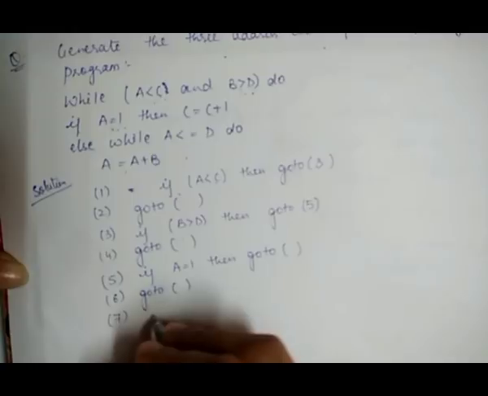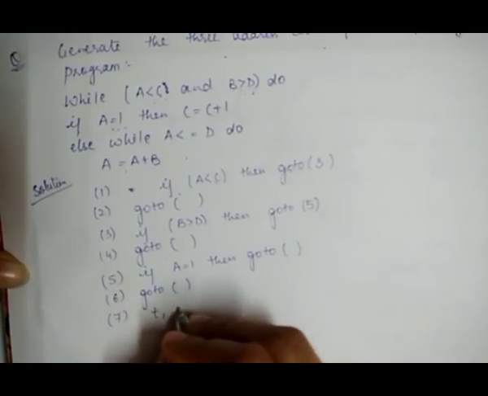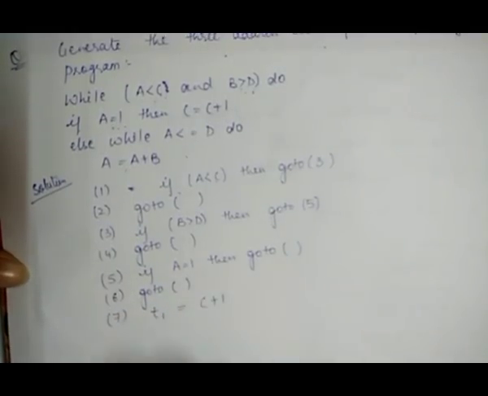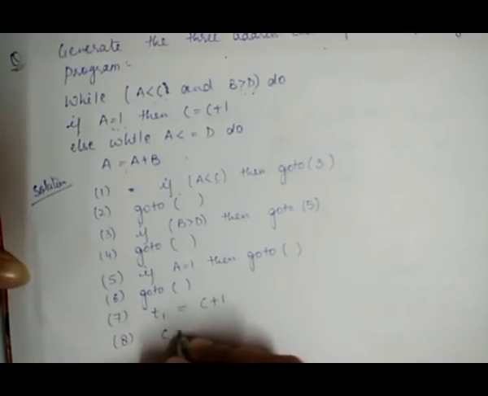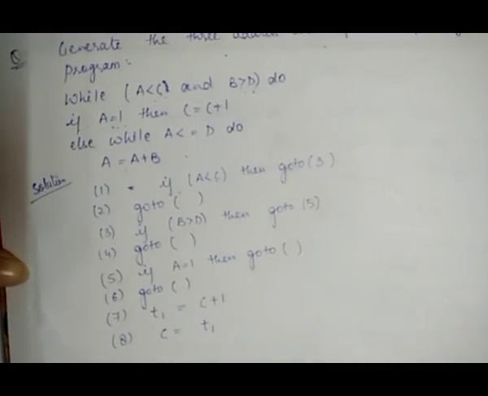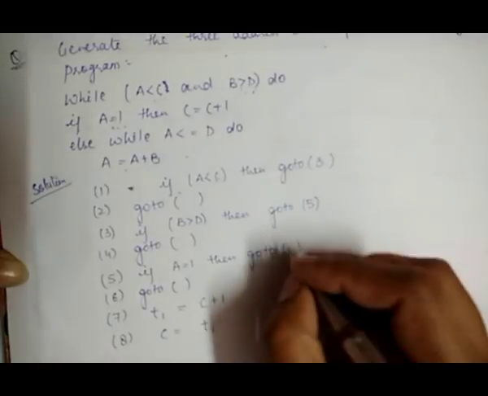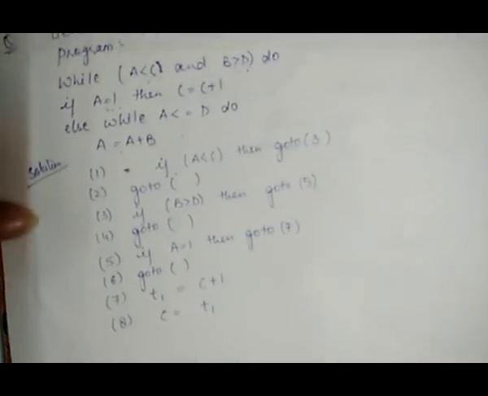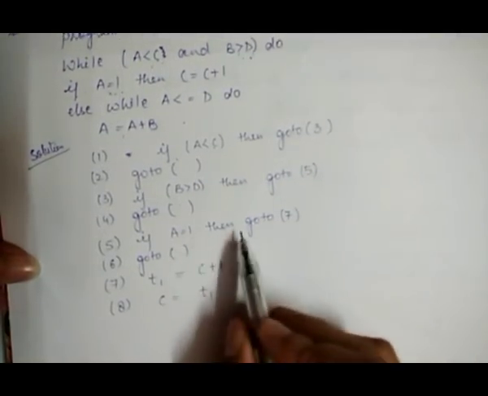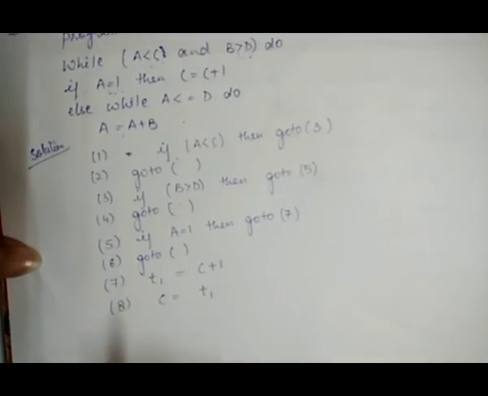So we make it line 7: a temporary variable t1 where we store c plus 1, and then assign t1 to c here. If this condition is true, then we directly move to the 7th line. Then the 9th line.